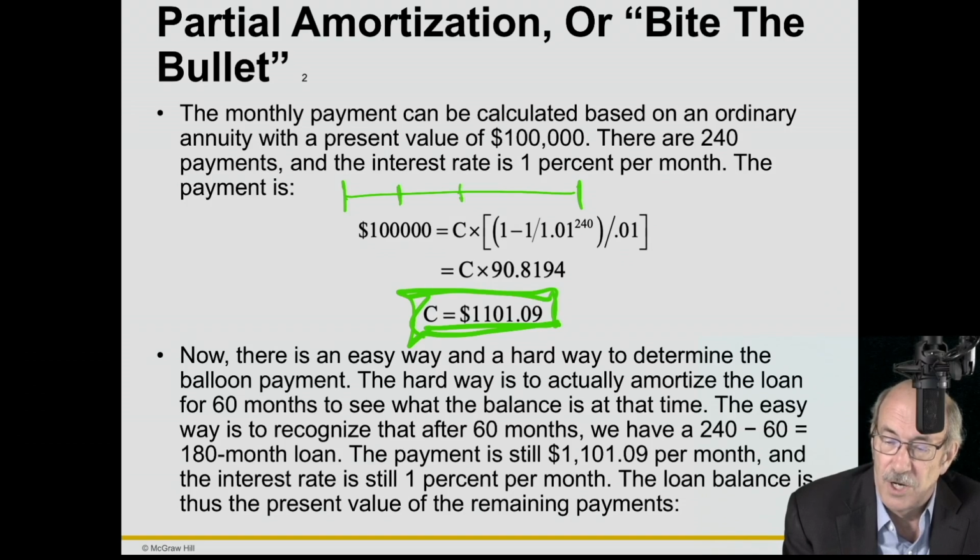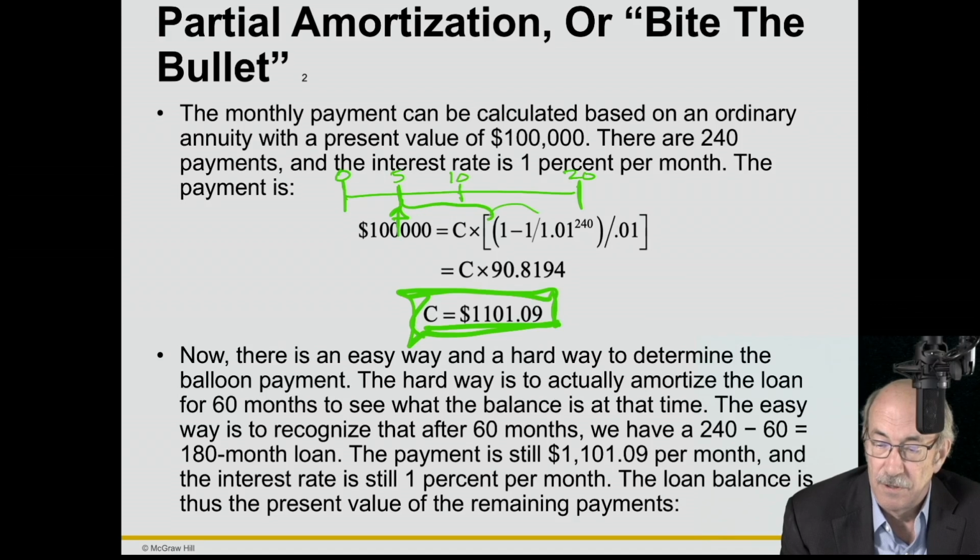We are right there on the timeline. So this is today, this is 5 years out, and then we've got 10, and then here's 20 years out. So we're right there. We have remaining on the loan 15 years, right?